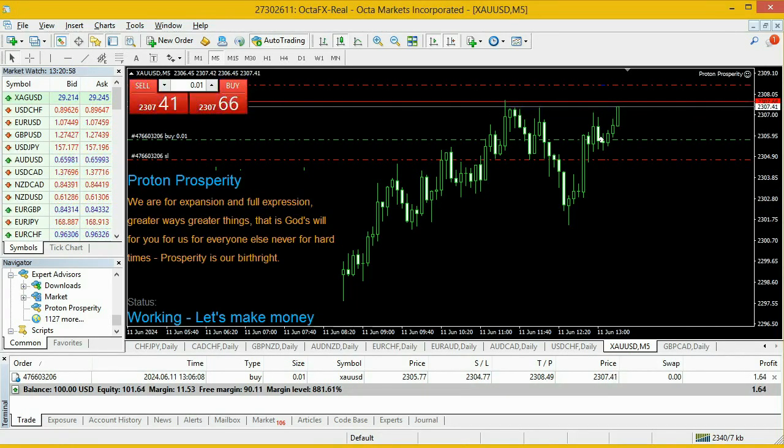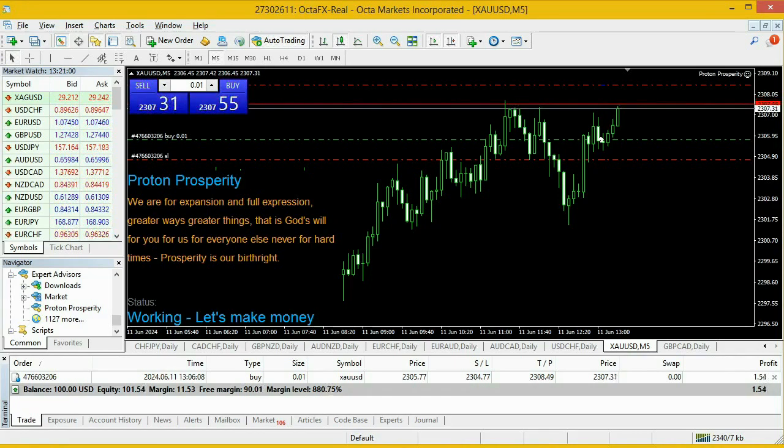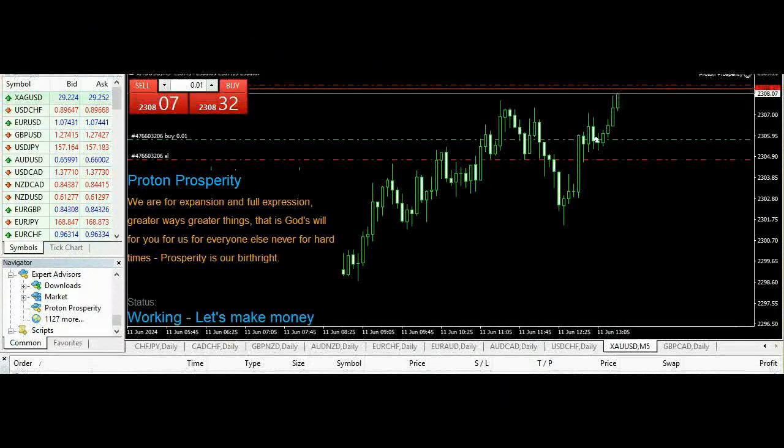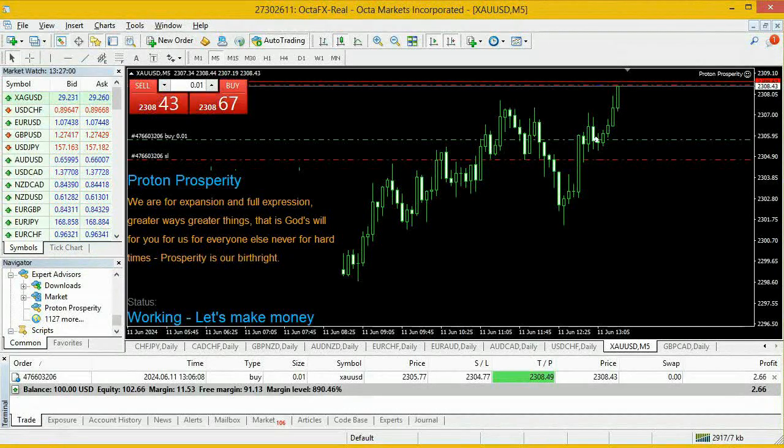As you can see, price is moving towards our profit target. Moving forward. This is 20 minutes into the trade. We are almost on take profit.